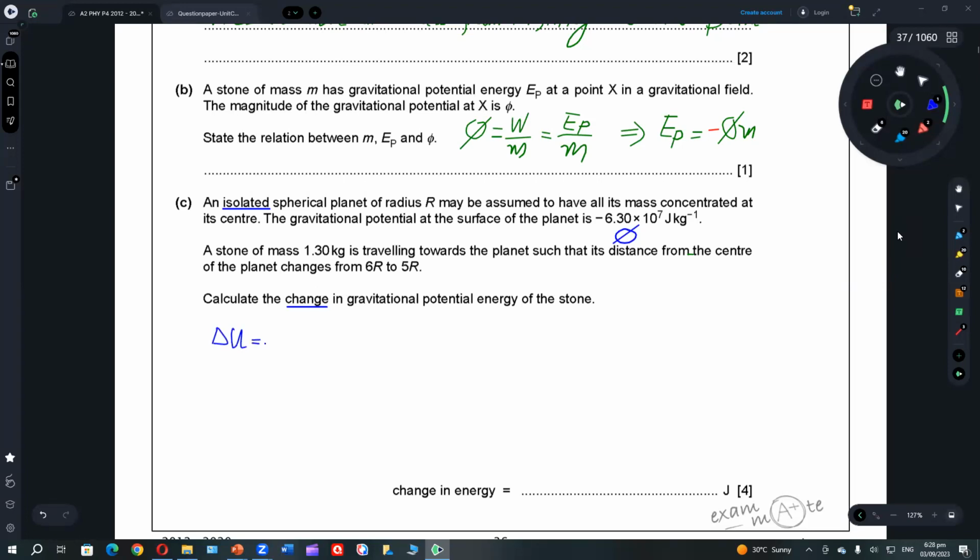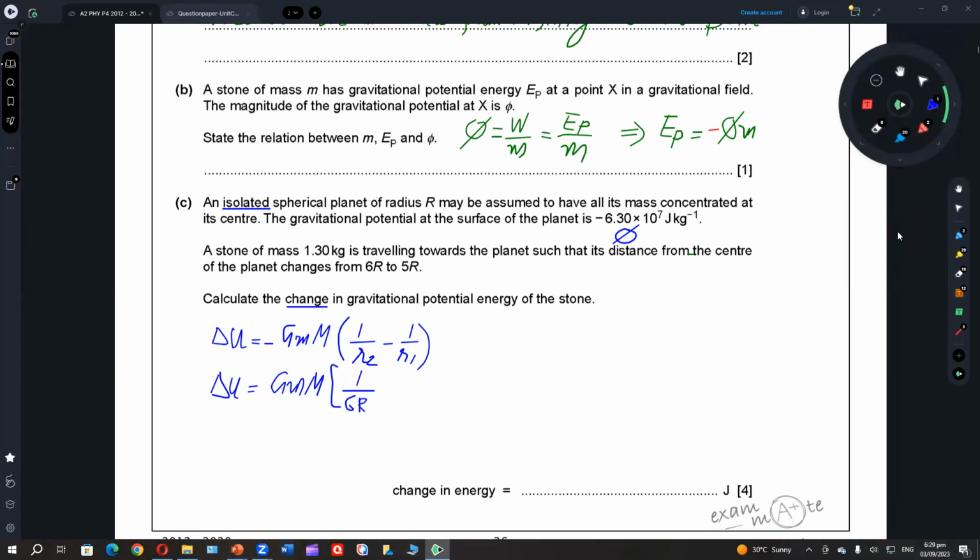Delta U is equal to minus G M upon, this is the formula. So now put the values.